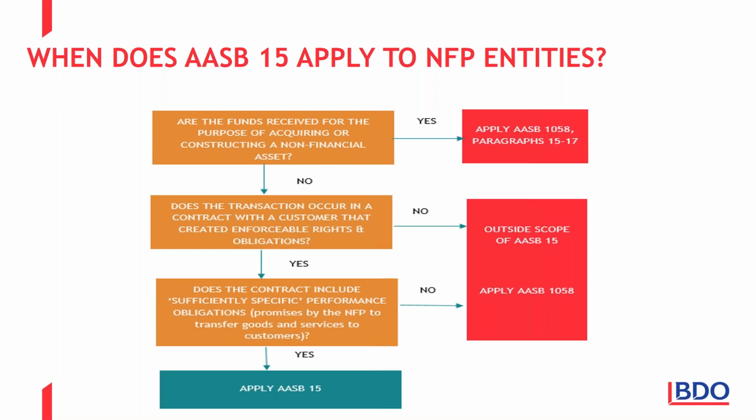So that's your starting point. What am I currently doing? And then when I look at these new standards, what do these new standards require me to do? And to what extent is it different? And there could be a lot of differences. And the more we work with our not-for-profit clients, the more differences we pick up.